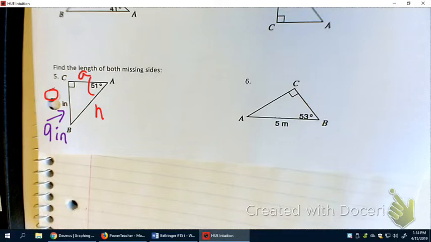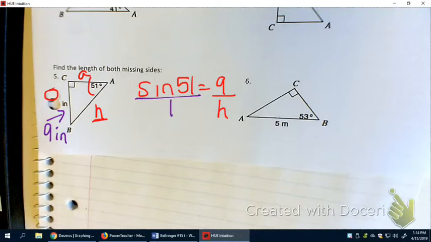Sine? Okay, so that means that we're going to deal with O and H right now. So we have sine of 51. Remember, always put the angle beside of it. And then O and H, because O and H is the sine ones. So O is 9. H is, I can just put an H there. You can put X. You can put whatever you want to. Alright, put it over 1.